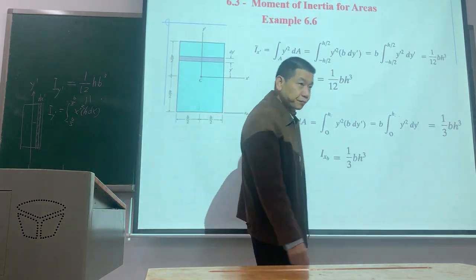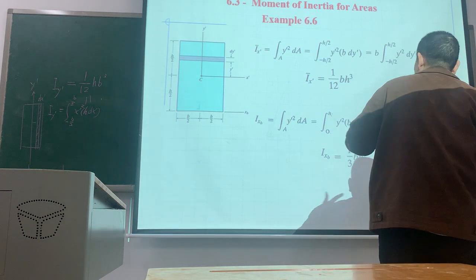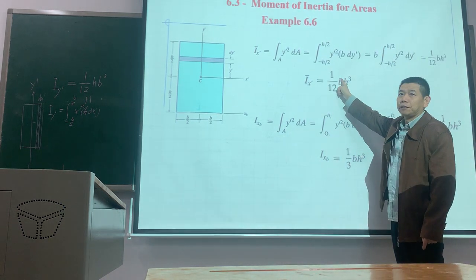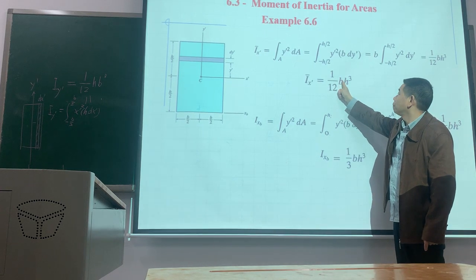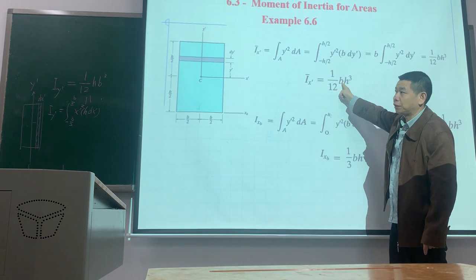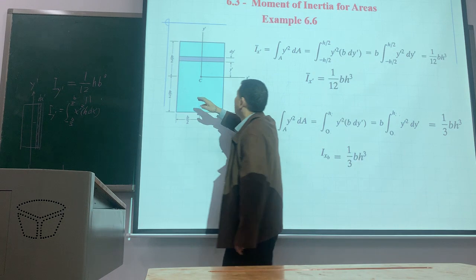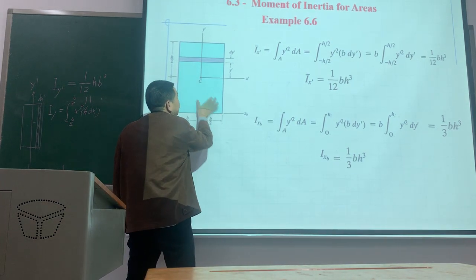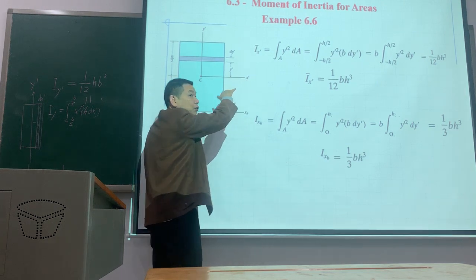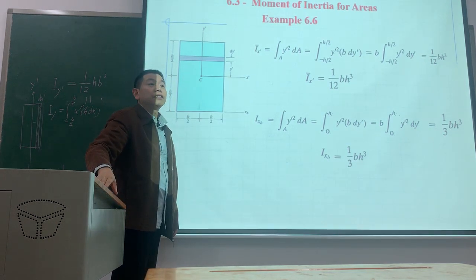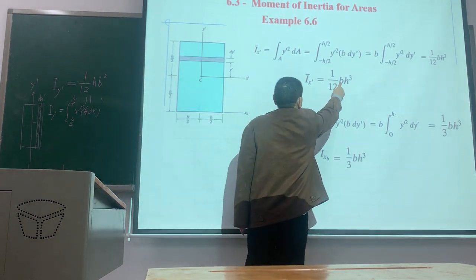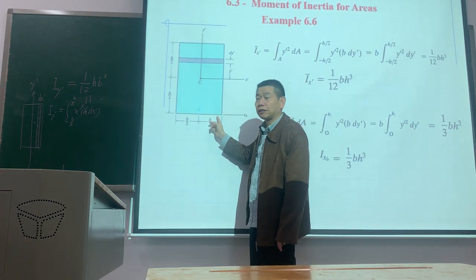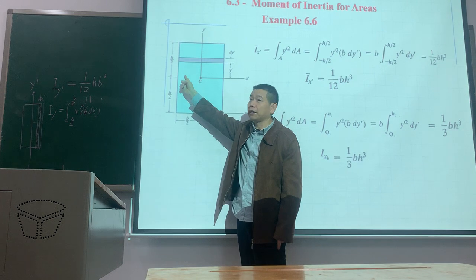Understand? So we have to remember: the first place is the length of the side which is parallel to the x. b is the length of this side, and this side is parallel to the x.